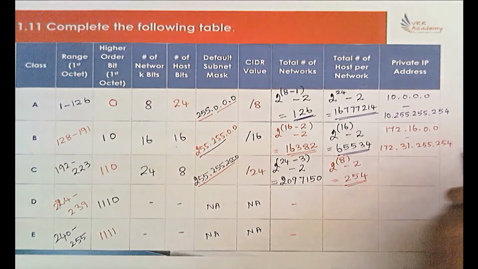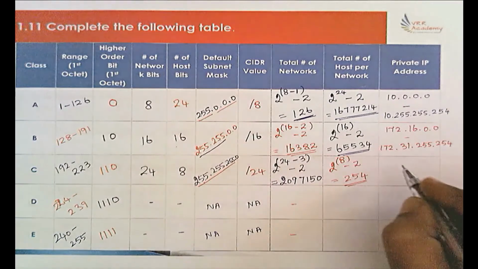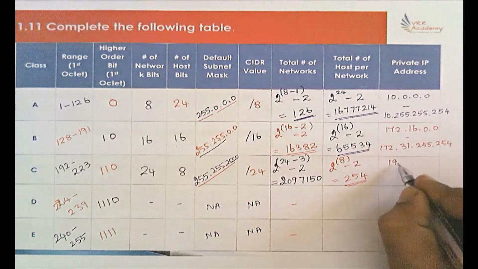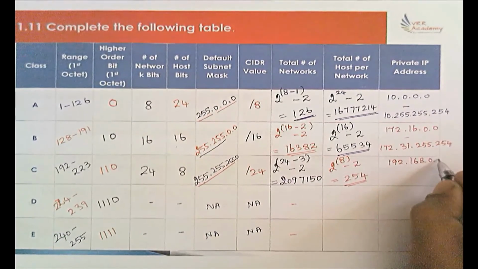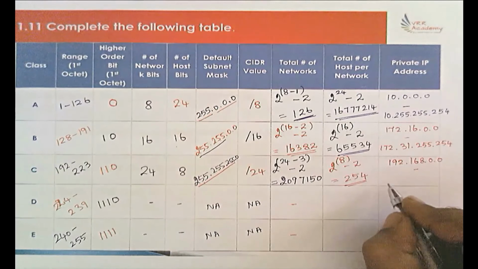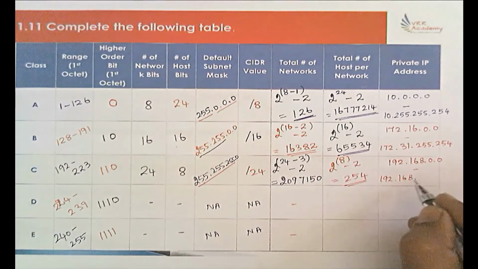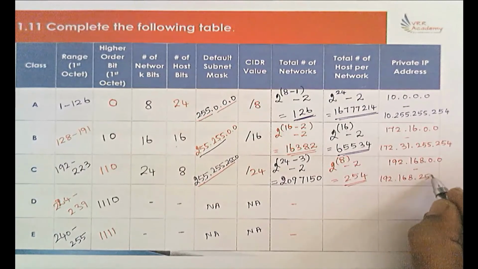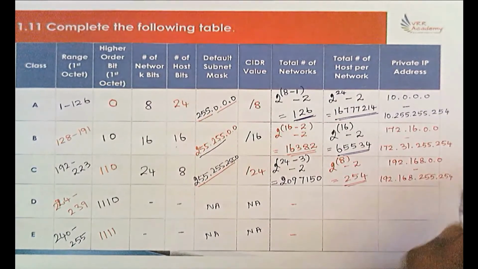So this is the range of private IP addresses in class B. For class C, the range of private IP addresses is 192.168.0.0 to 192.168.255.254.